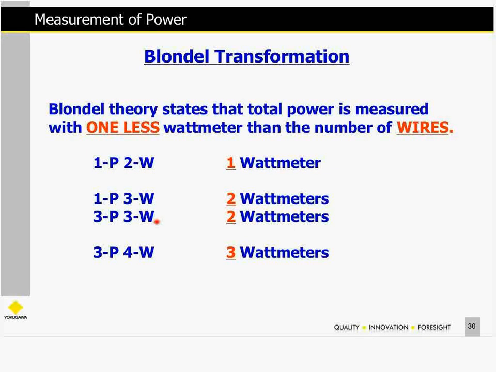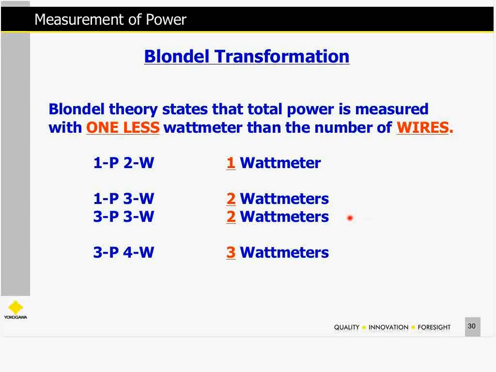Now as we move into a 3-phase 3-wire system, there are 3 wires, and we're going to use 2 wattmeters. And on a 4-wire system, we're going to use 3 wattmeters. So just because it's a 3-phase 3-wire, some people think they're going to have to use 3 wattmeters. To measure power, we only need 2.